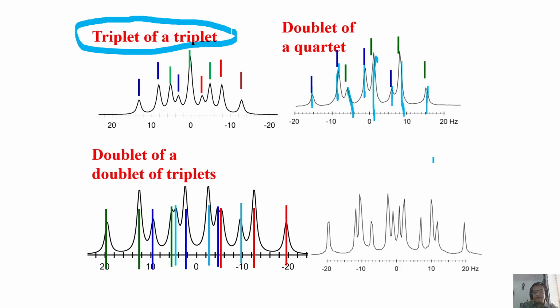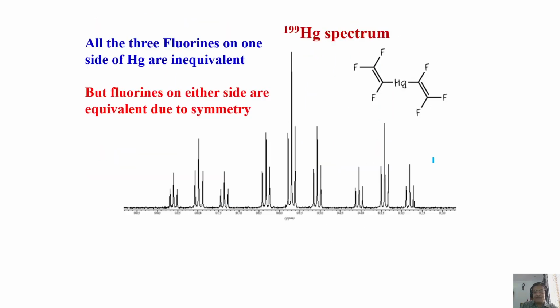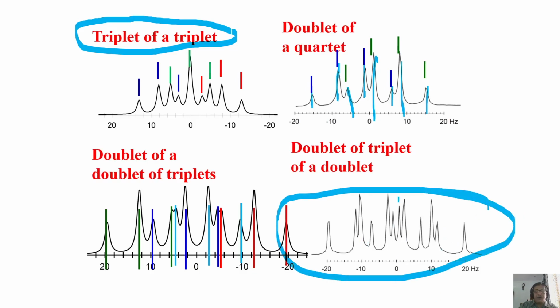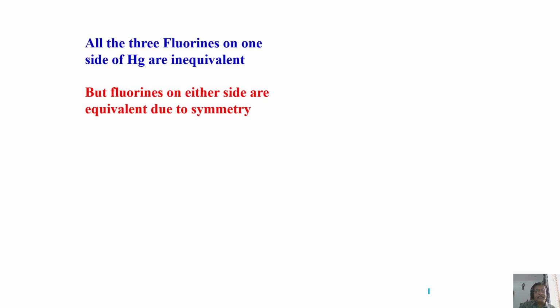This one is a little complex, but it is doublet of triplet of a doublet. I didn't write down how it comes, but you can take this one, go out, take it as an assignment, start working yourself. What is this pattern? You should tell me what this pattern is. Okay. So this is what it is.